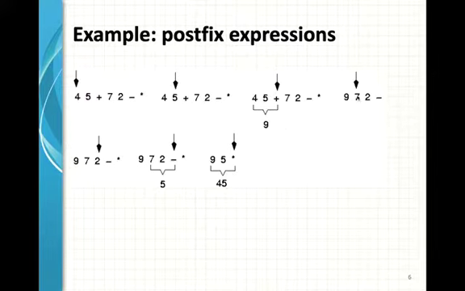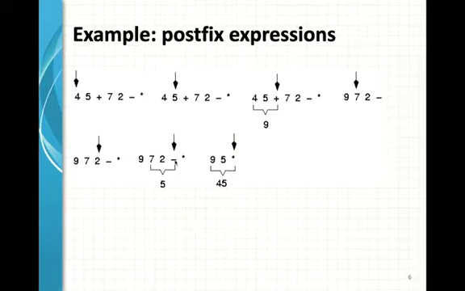Now after that, in this picture the pointer is also shifted and now it's pointing at 7, and again 7 is an operand. If the pointer gets an operand, there's nothing to do, it's just going to shift, again shift. Now again 2, again an operand, nothing to do, and again there is a shift.